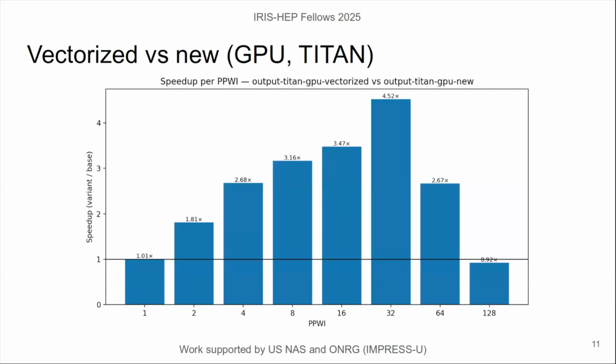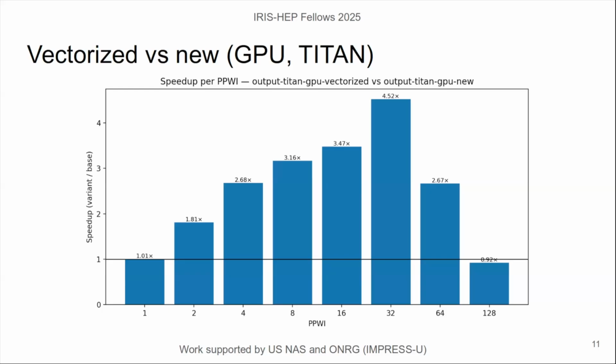On Titan, I ran two different implementations of the benchmark, one with vectorization and one without, because on some runs vectorization gives us worse results than without.